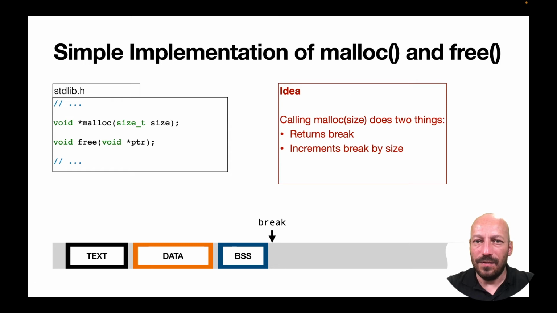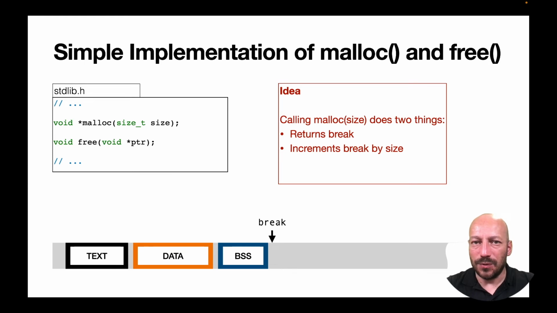You will, in the end, return the current value of the break pointer. That means you first make a copy of its value. Then you increment this original value by the number of bytes that you want to reserve. And then you return the copy that you made before.